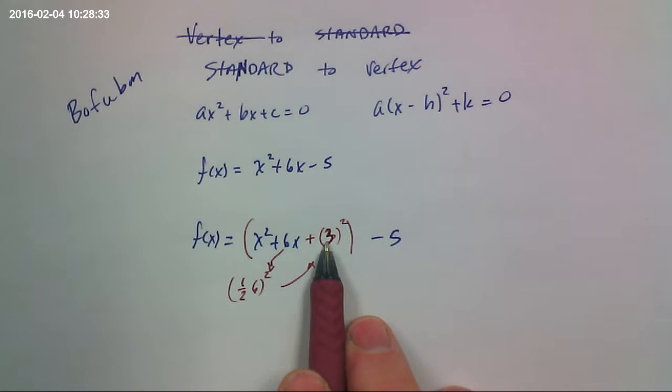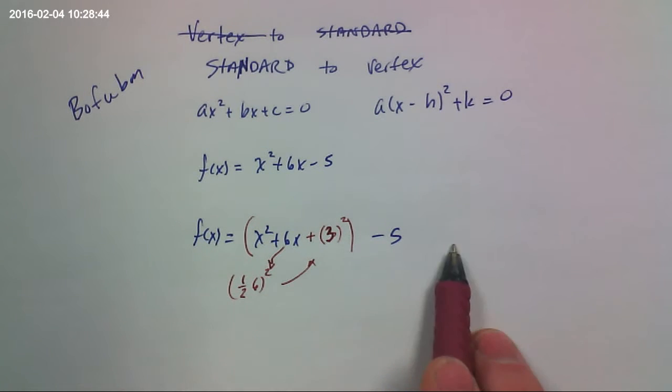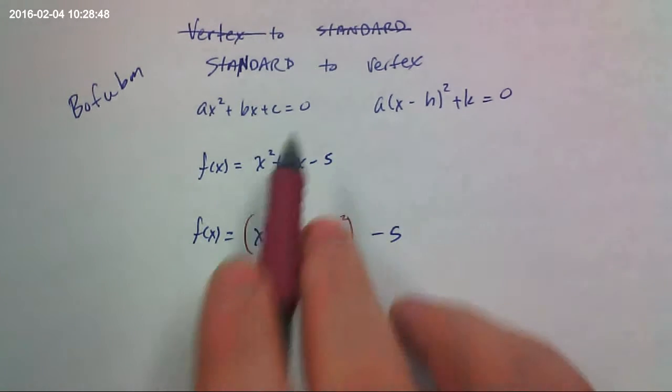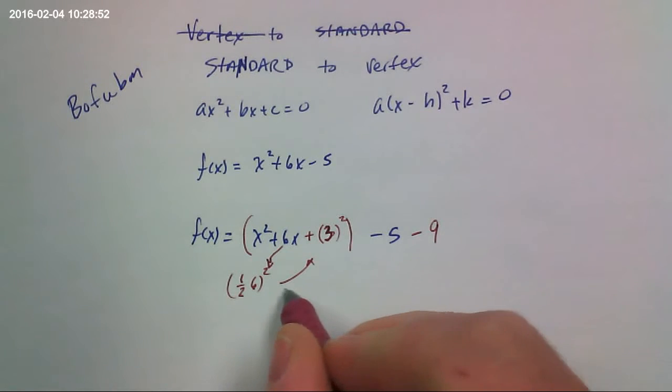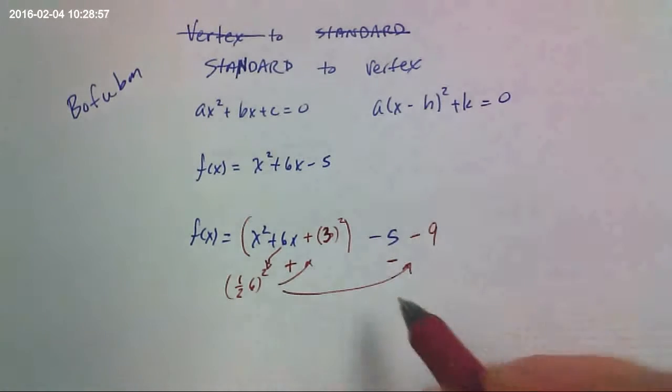Now this is not the same as before because I added 9 to it. I don't want to add 9 to the other side because I want everything on the right side. So what can I do so that it's still equal to what it was before? Subtract 9. Over here you add it, and over there you subtract it.